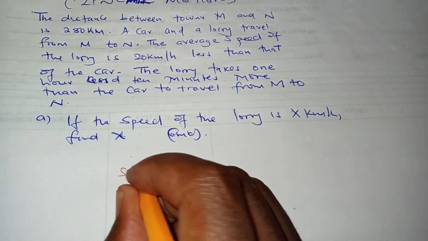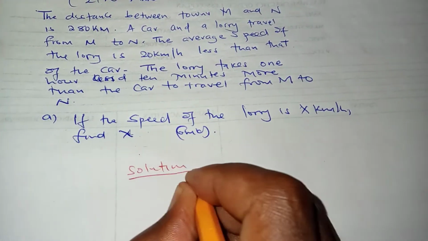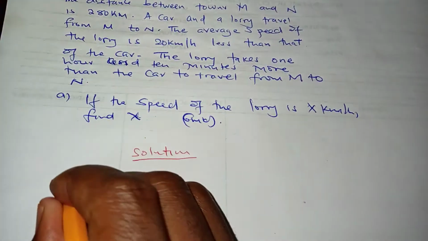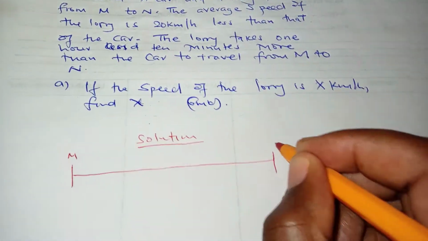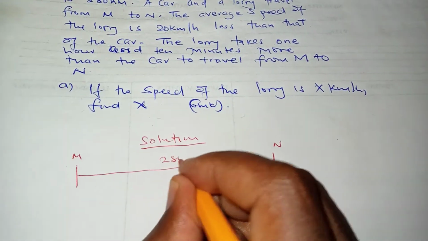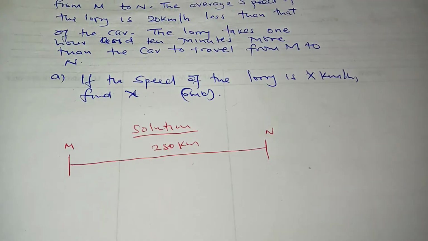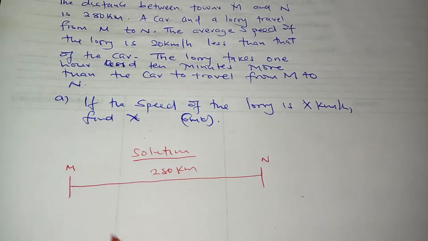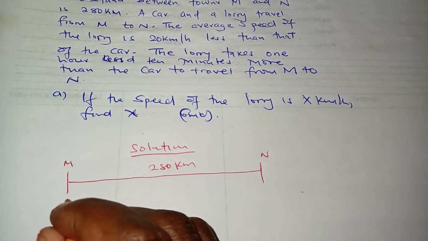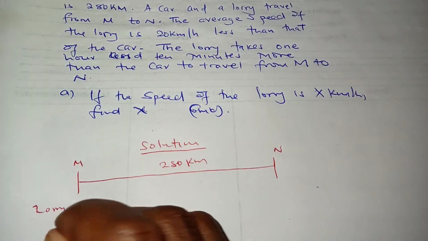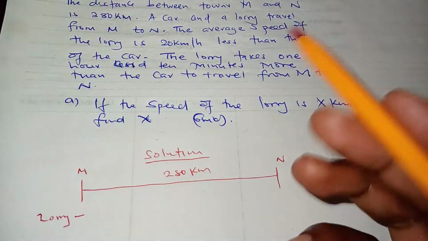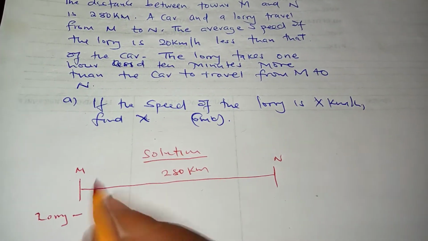After we have read the question properly, we understand that there are two towns here, M and N, and between them is 280 kilometers. So we have two vehicles which are moving from M to N. One of them is a lorry which is moving at a speed of x kilometers per hour.